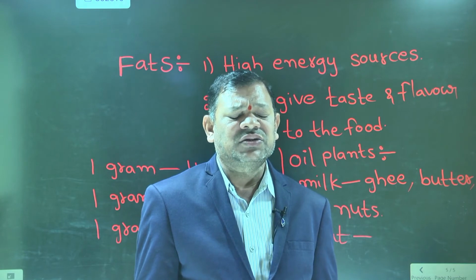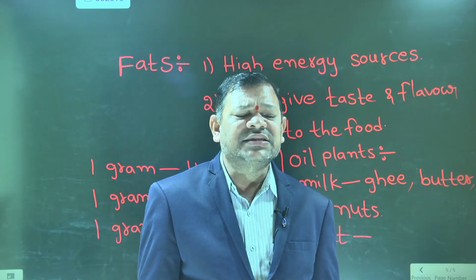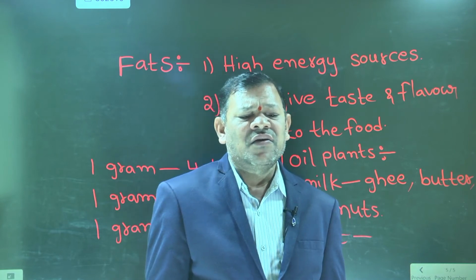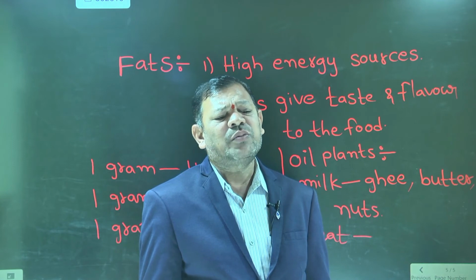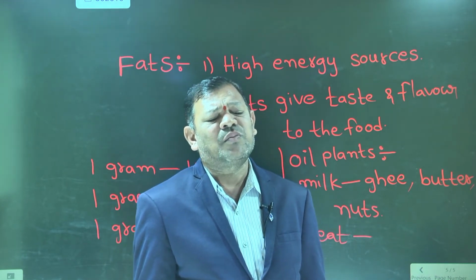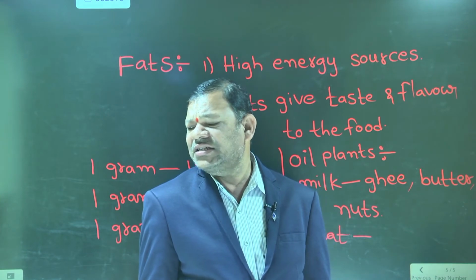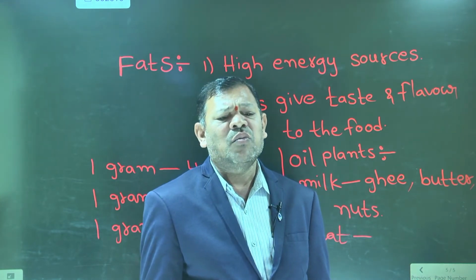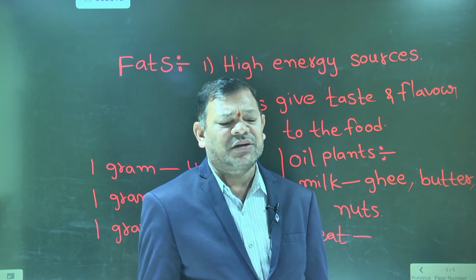Plant products digest very easily compared to animal products. Animal products, especially fat nutrients, take more time to digest.